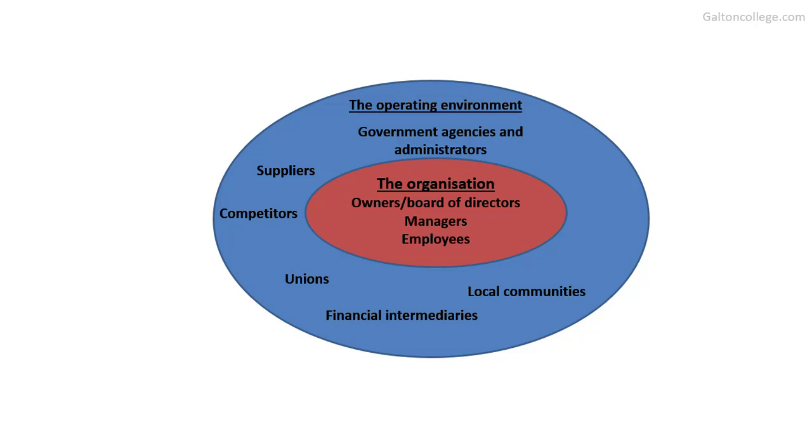It's also the local community. Companies exist in society. The local community have a right to ensure that the company is not a nuisance within the local area, that it's not making a lot of noise into the night or polluting the atmosphere with toxic fumes, or making a lot of traffic.